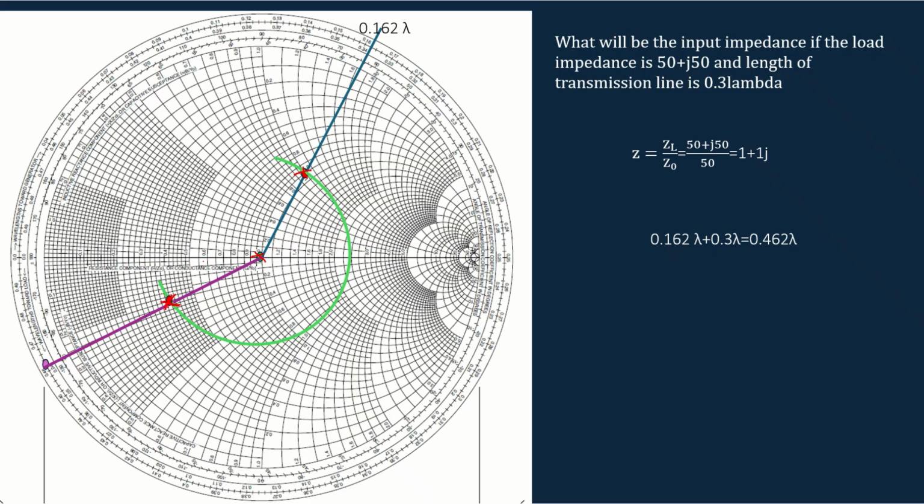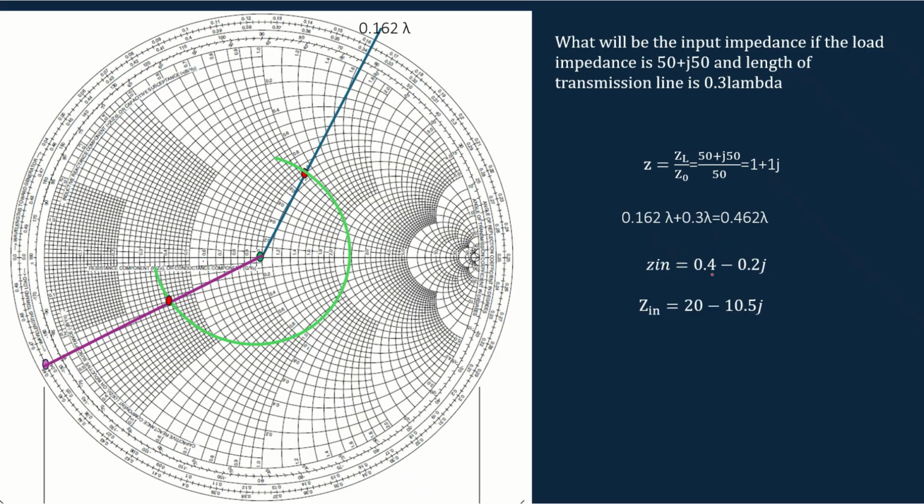Here that point will be around, sorry, 0.4. This is the constant resistance circle. You can see it is intersecting at 0.4, and the reactance is 0.2. As it is on the lower half, it is capacitive, that is 0.4 minus 0.2j.